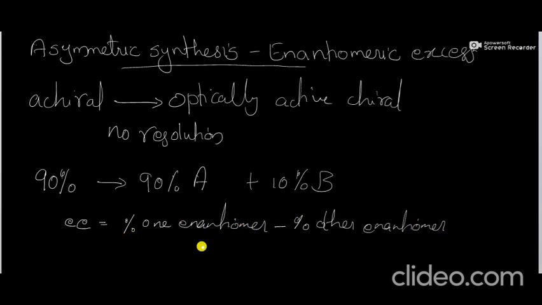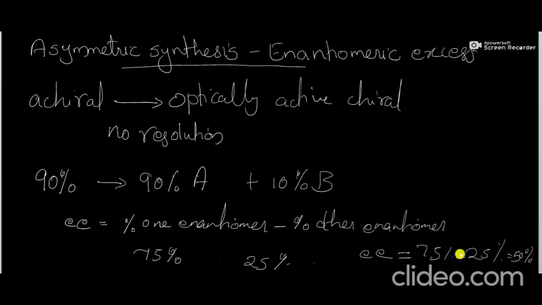For example, if a mixture contains 75% of one enantiomer and 25% of the other enantiomer, then what will be the value of enantiomeric excess? Enantiomeric excess will be equal to percentage of one enantiomer minus percentage of the other enantiomer, that is 75% minus 25%. We get 50%.